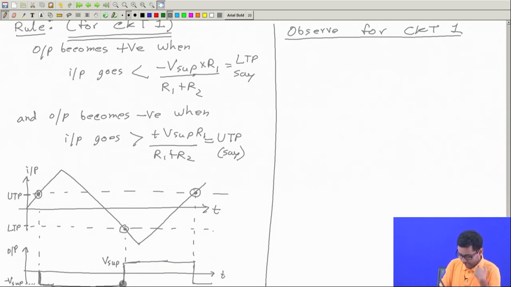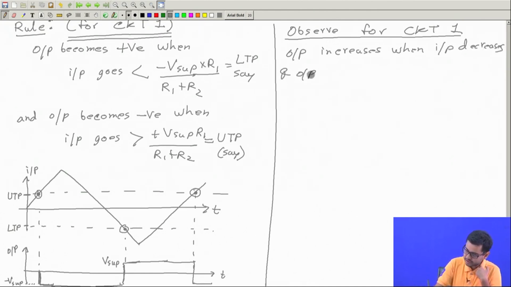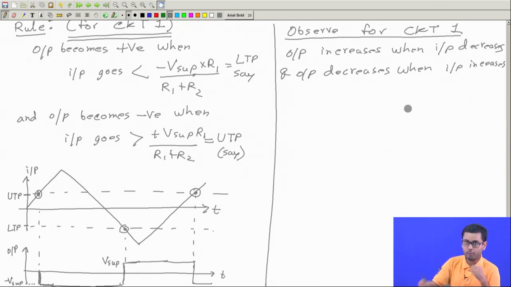Similarly, here output increases when input decreases, and output goes low when input increases. Opposite behavior, input increases, output decreases.